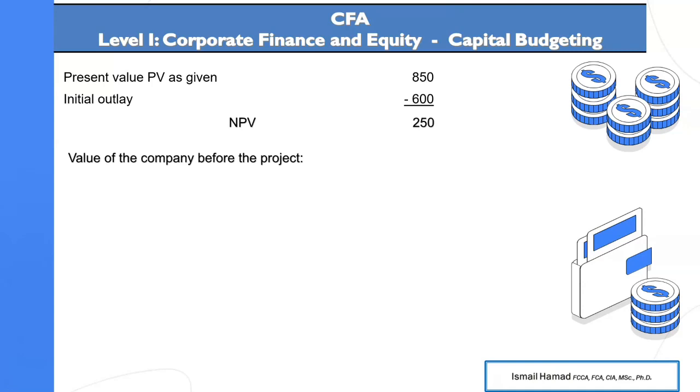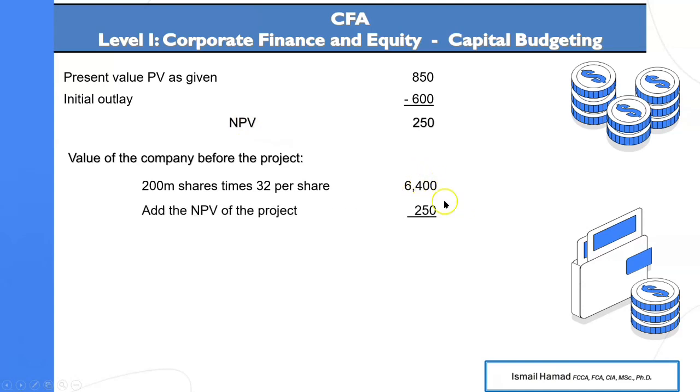Now, the value of the company before taking this project is $32 per share times 200 million shares outstanding. So the value of the company is 6 billion 400 million. We should add the 250 million from the new project as a new value added to the existing value.